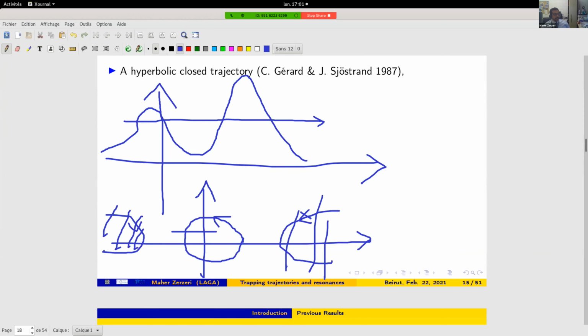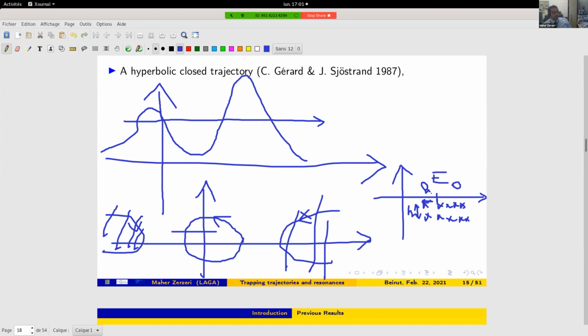And here, Christian Gerard and Sjöstrand show that the spectrum near E0 is a lattice. This is very important. And we control the width, it's h, also here h for the real part, and so on.